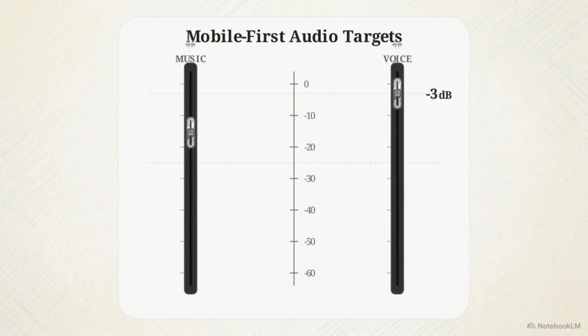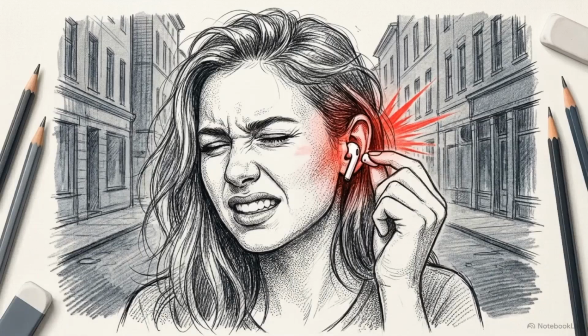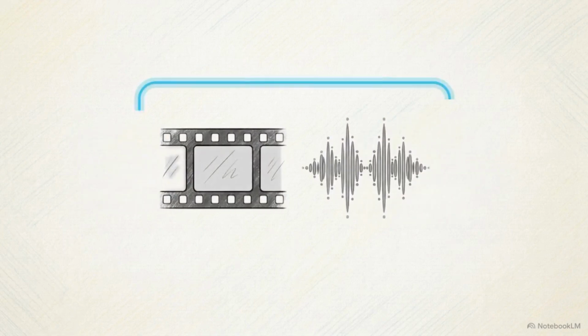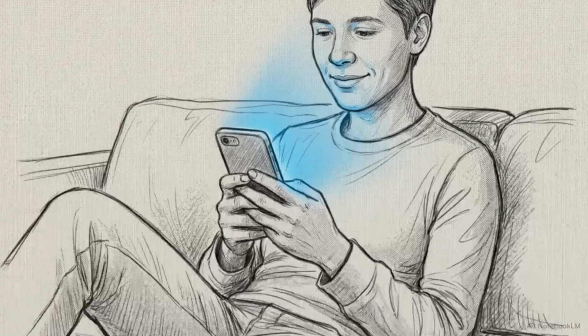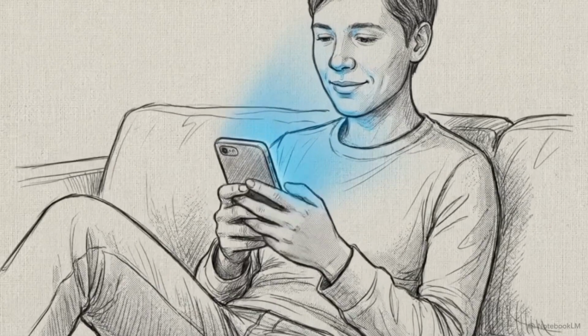Watch how the music slider drops to -25 decibels, leaving the voice slider peaking clearly at -3 decibels. If you leave the music volume at its default level, it will drown out your spoken message and frustrate the viewer. A perfectly balanced sound mix acts as invisible glue. The viewer won't consciously notice it, but it keeps them engaged right through the middle of the video.